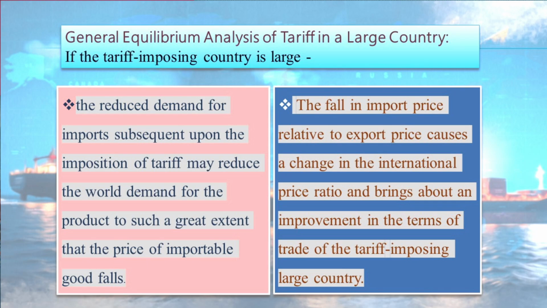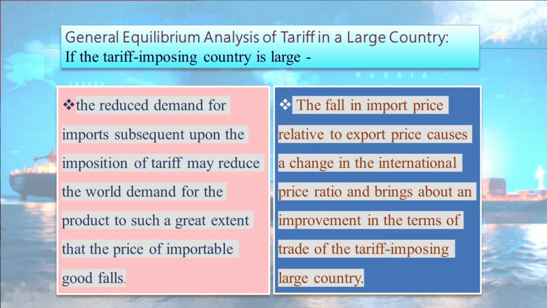Now let us come to the general equilibrium analysis of tariff in a large country. The assumptions remain the same as we have discussed. So if the tariff imposing country is large, what would be the consequences? The reduced demand for imports subsequent upon the imposition of tariff may reduce the world demand for the product to such a great extent that the price of importable goods falls.